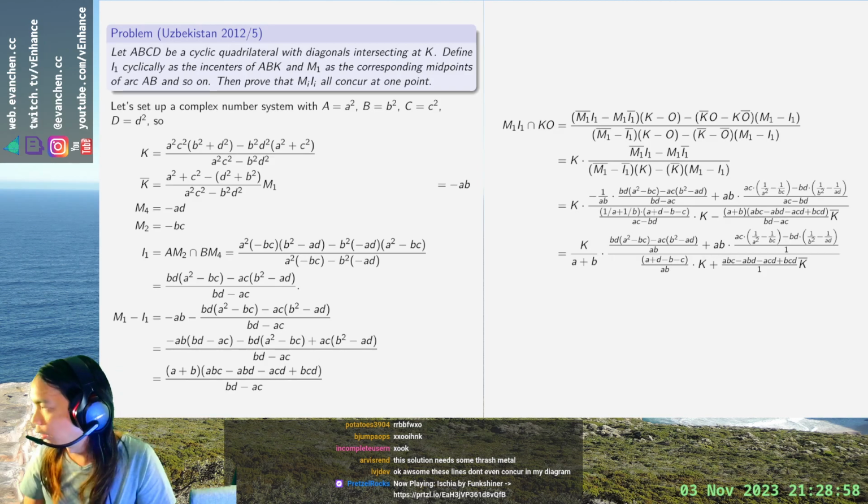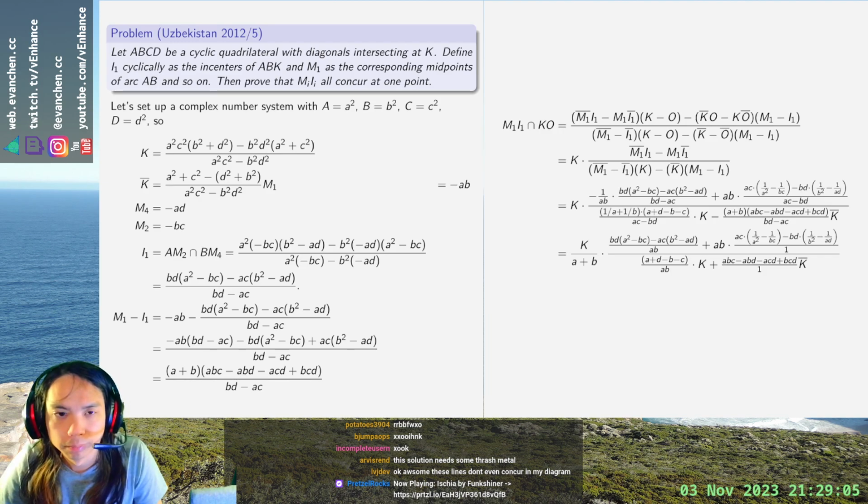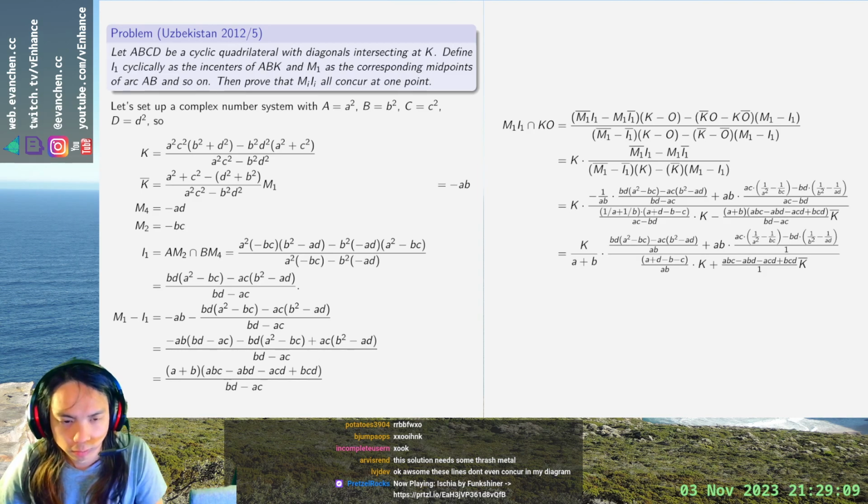Numerator doesn't have a k in it anymore, the denominator does. But the denominator, I think, is actually the more symmetric one. So let's just run it over. Oh shoot, do I have to expand? Oh god, if I have to expand, I'm in trouble.